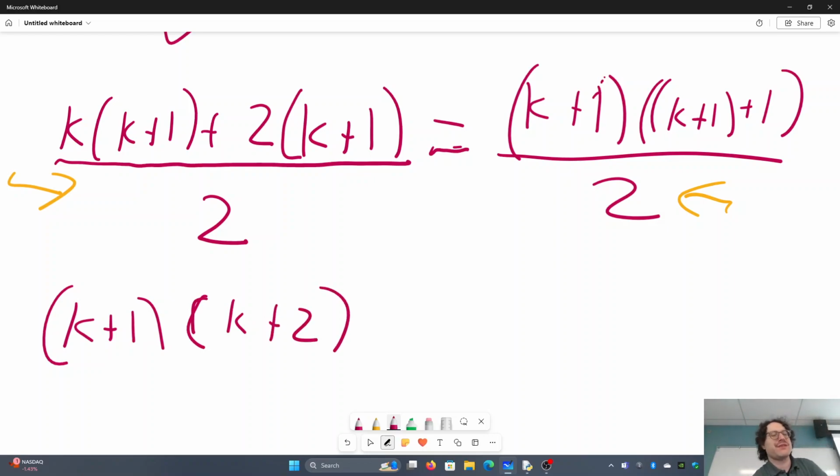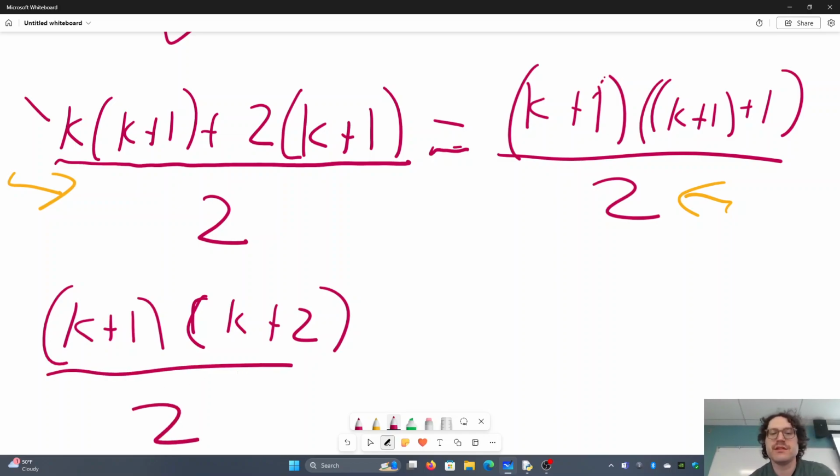So what's going on here is that rather than foiling, you can convert from this to this by doing k times k plus 1 and 2 times k plus 1, right? If you don't foil it, you can get to the above term.